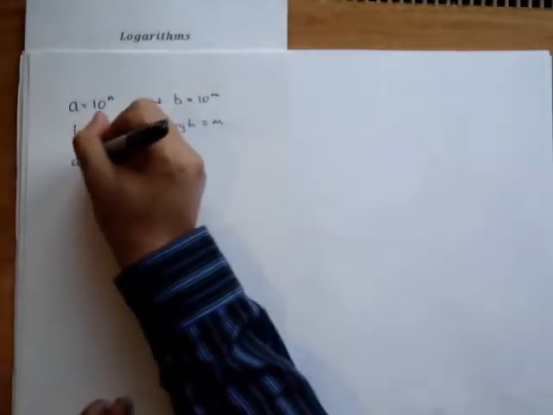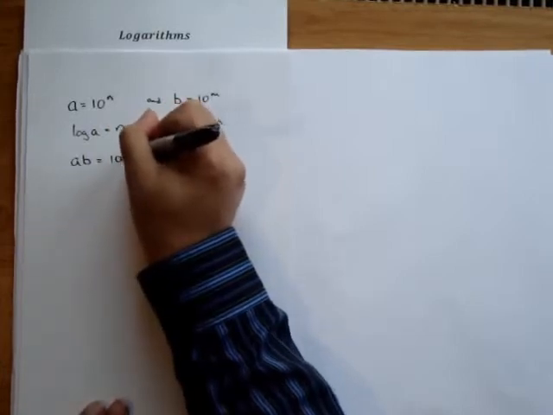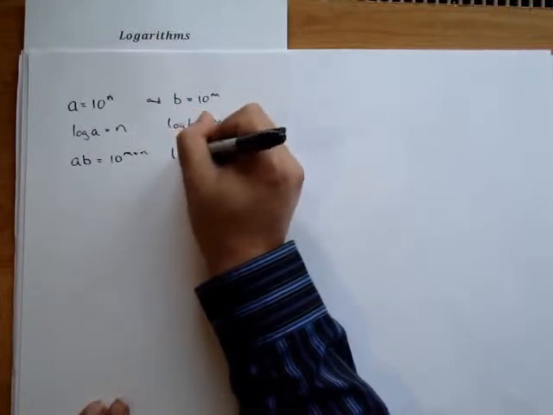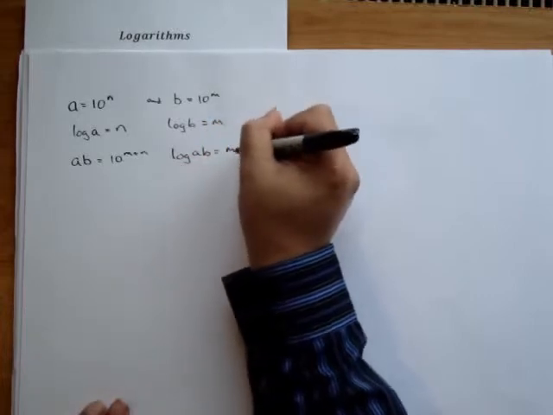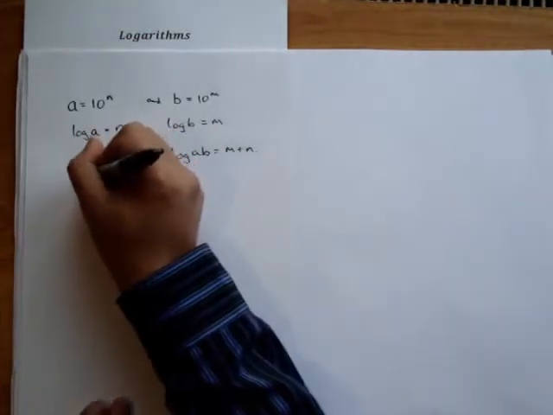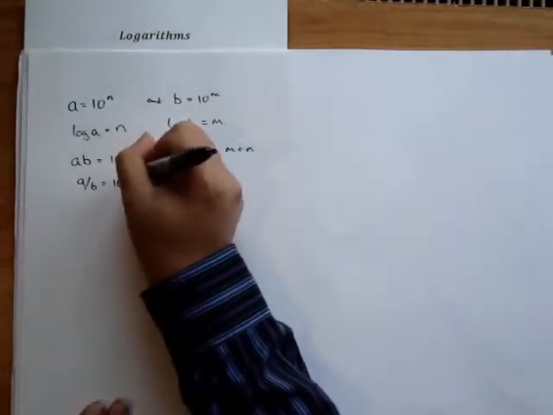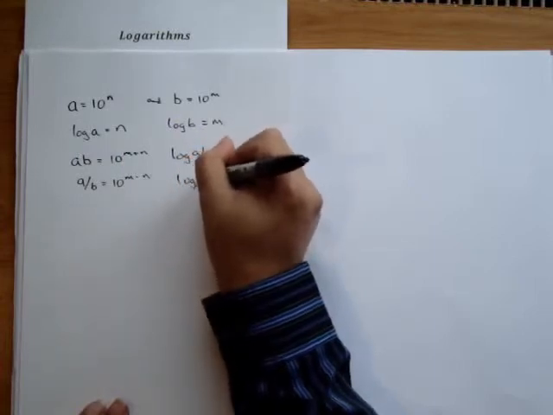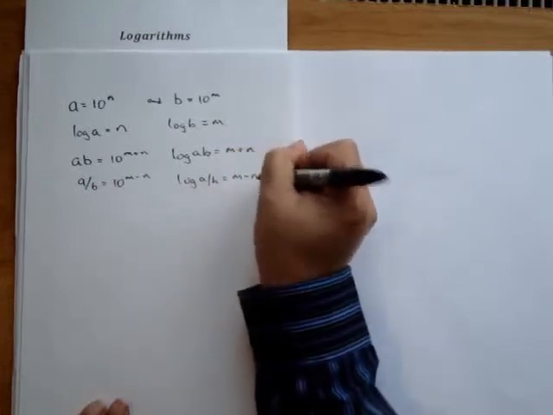So ab, using our log laws, is 10 to the m plus n, and log of ab is m plus n. Similarly, a divided by b is 10 to the m minus n, and log of a divided by b equals m minus n.